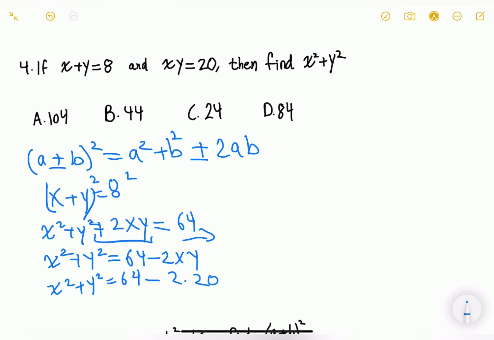Why? Because they gave us that x times y equals 20, so we're simply just going to plug it in. Now we know that x squared plus y squared is equal to 24. Because why? Because 2 times 20 equals 40, and then 64 minus 40 is 24. Now we know our answer is C.